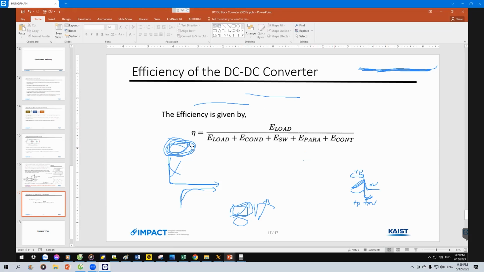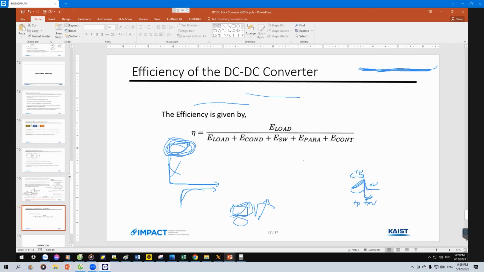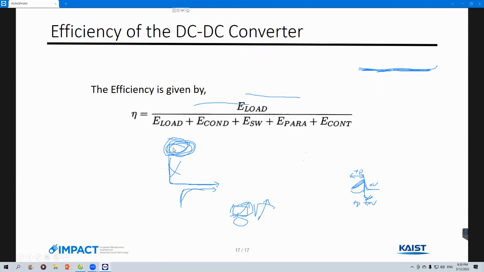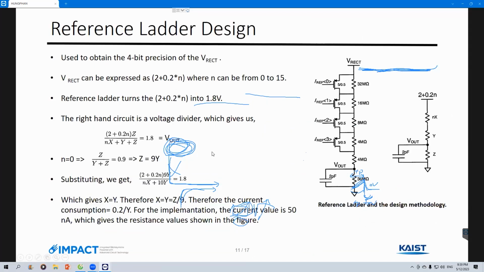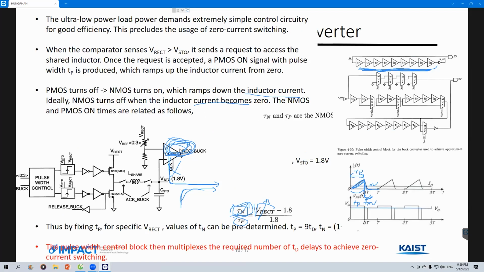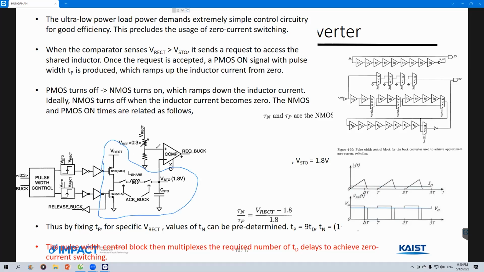Next week, we will simulate this part without the control circuit.